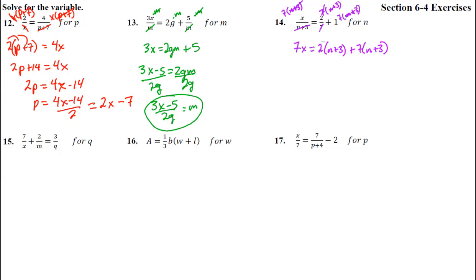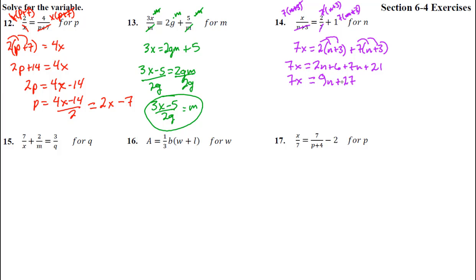All right, let's get rid of the parentheses. Distribute, distribute, and we're left with 7x equals 2n plus 6 plus 7n plus 21. So that's 7x equals 9n plus 27. Is that what I'm seeing there? 9n plus 27. Good.